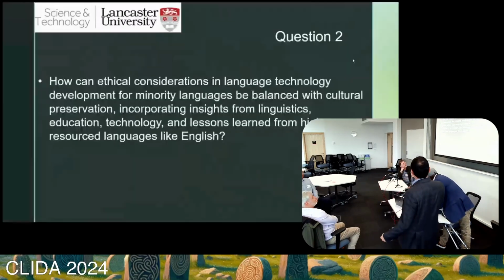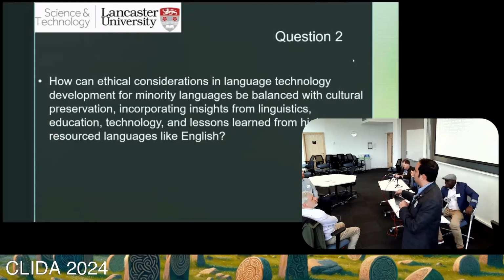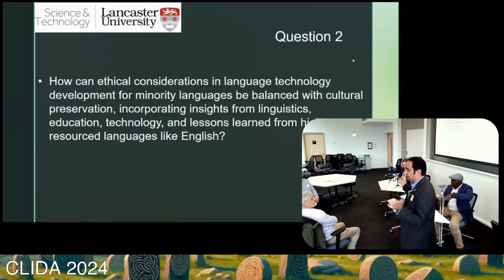The reason I asked this question is, was it in June last year? Inga and I were at a summer school in Kosovo, and there was a big question about ethics and analyzing the language. In some cases, as Paul Rayson once mentioned, you don't want to go to a minority language, collect data and just say goodbye.